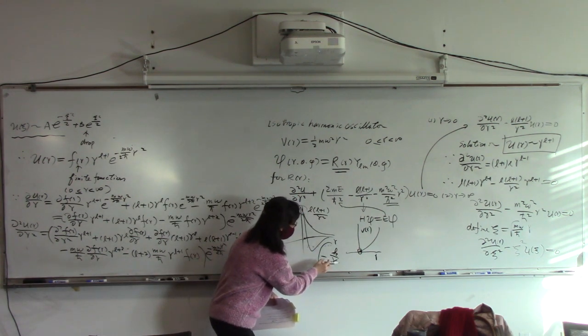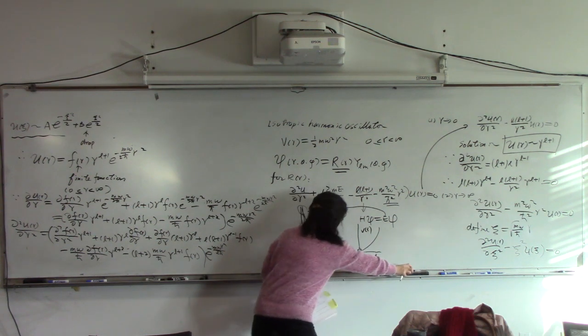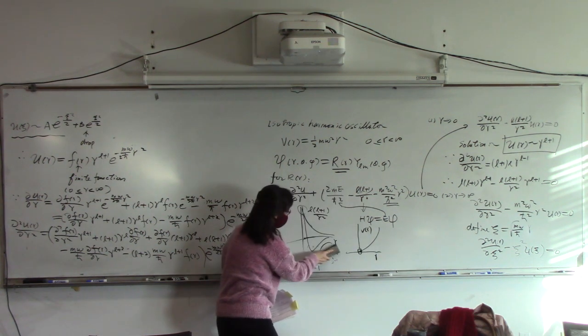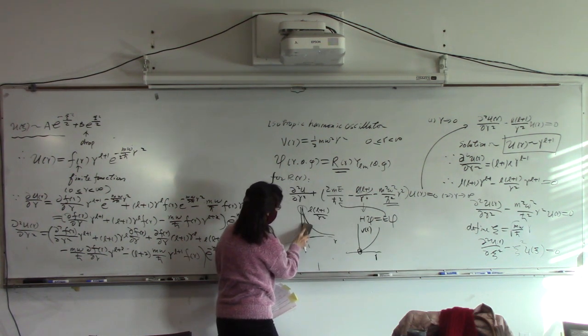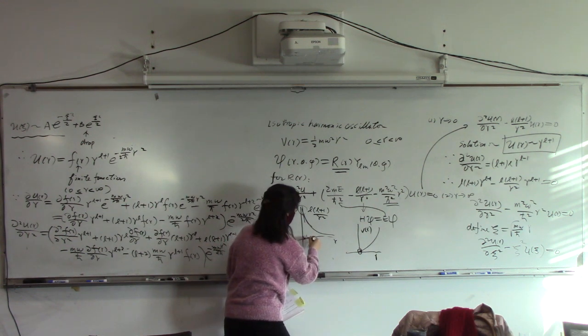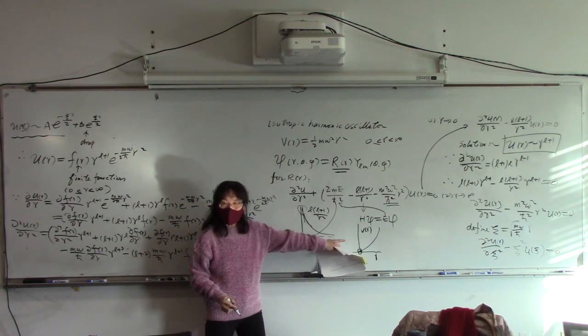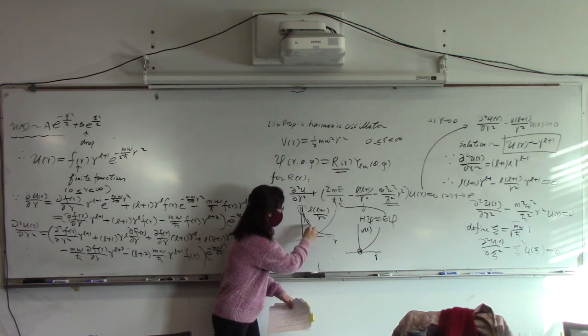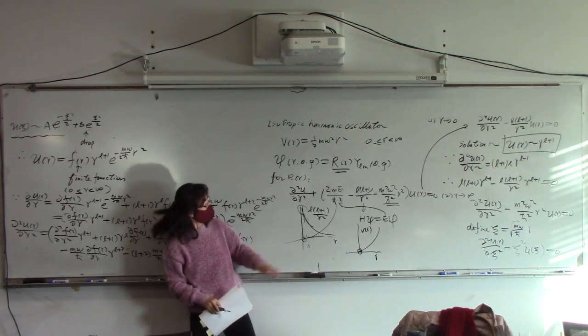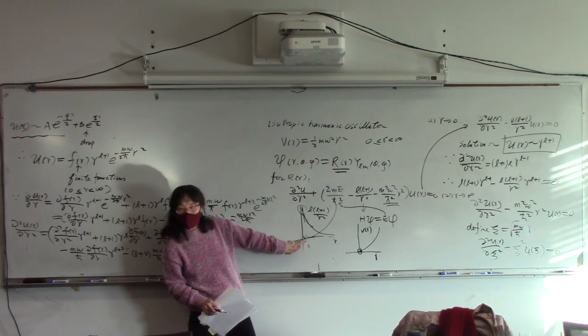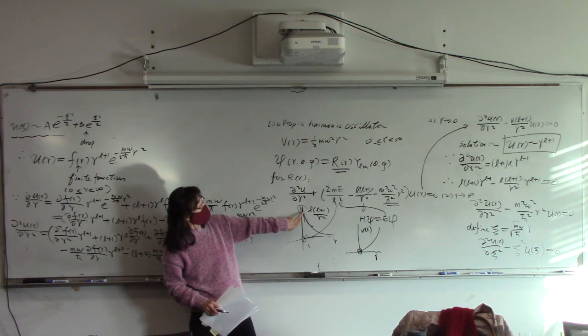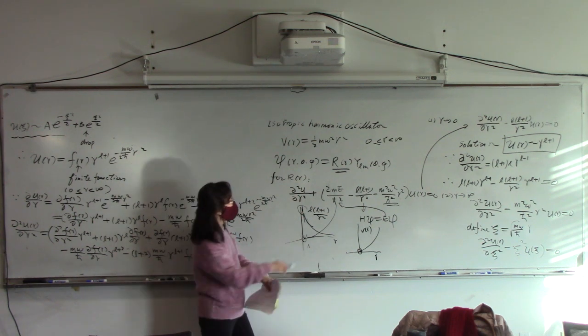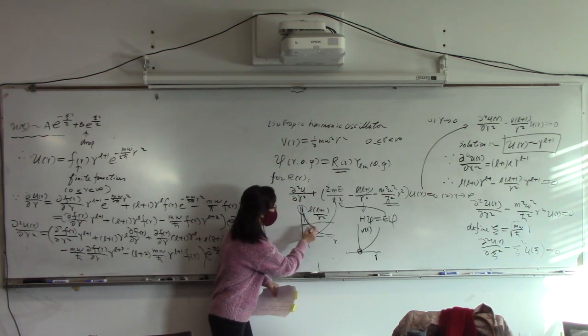In this case, this is the real potential here. I did not discuss the effective potential, but as r goes to 0, the potential contribution is ignored, but this one diverges. Then there is a constant energy here.